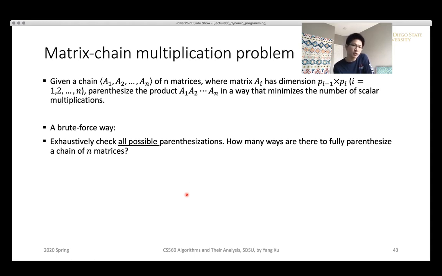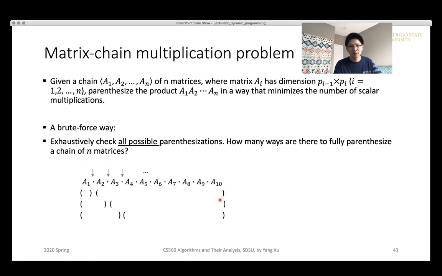Like we can check all possible parenthesizations. So in theory, that is possible. Given a sequence, we can always enumerate all possible ways of doing the parenthesization. So how much running time will this brute force way cost us roughly? We can start by thinking about this question.